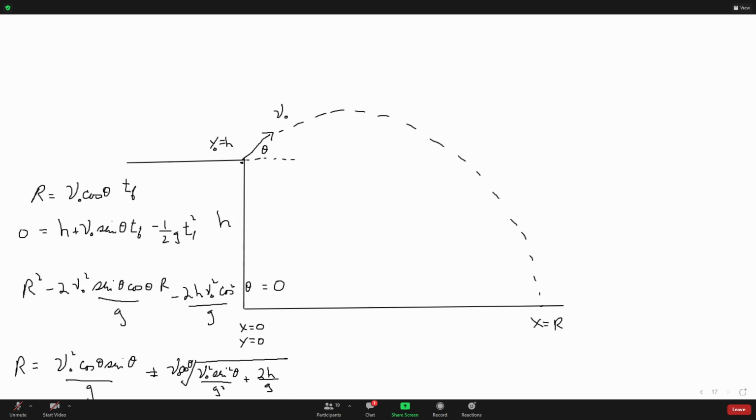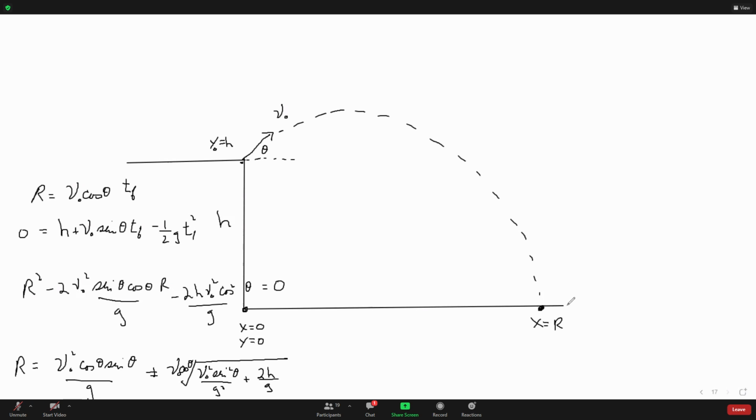Okay, so now we have two solutions for R for this problem. The solution with the positive sign here corresponds to this distance right here, from here to here.